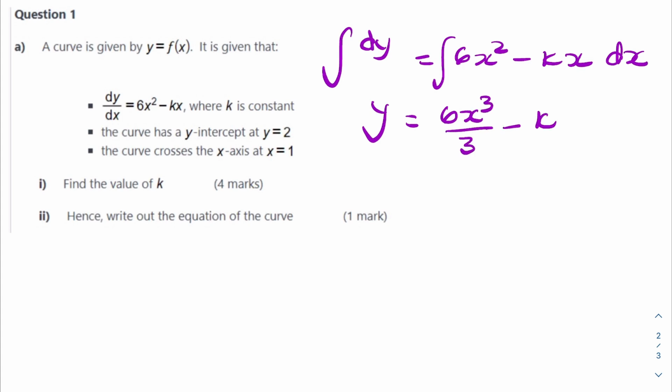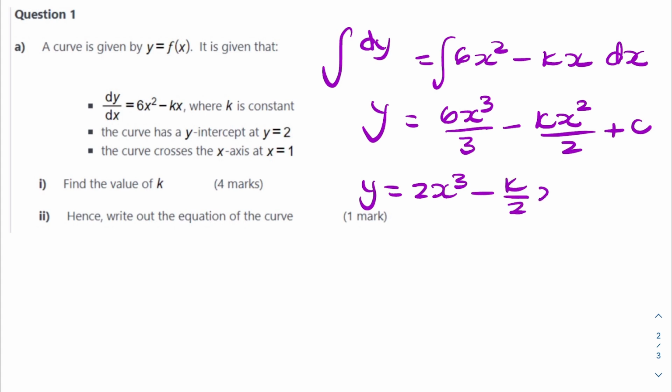And the integral of kx, remember k is just a constant. You don't need to worry about that. Just treat it as any constant. And then because it's an indefinite integral with no limits, we need to add a second constant. So we can simplify that as y equals 2x cubed minus k over 2 x squared plus c.